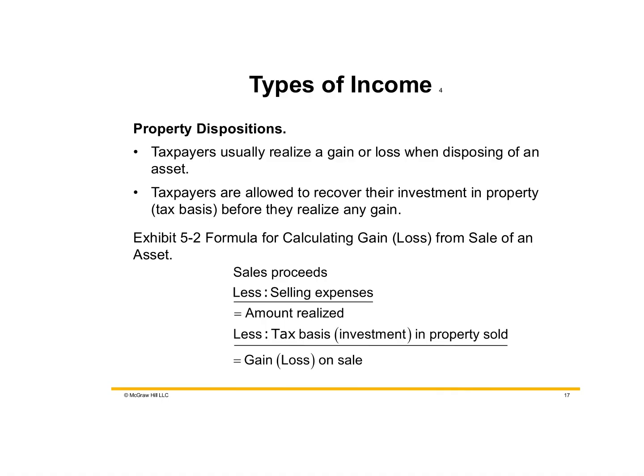And whenever that disposal happens, taxpayers are allowed to recover their investment in the property, also known as the tax basis, before they realize any gain. And that all stems back to that return of capital principle that we talked about in the first video.